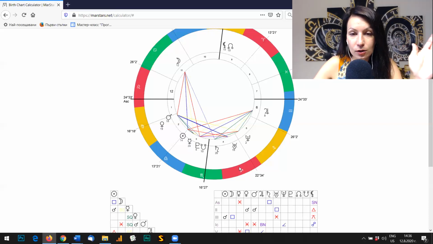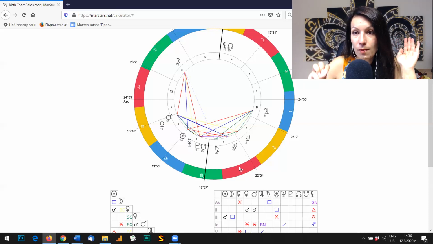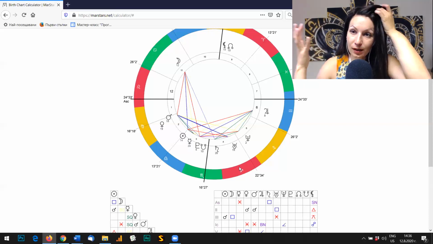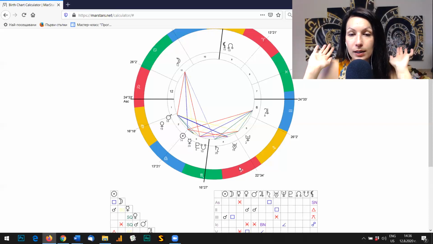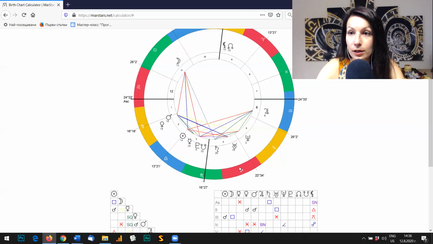So for the outer planets, we don't pay attention to the sign. The sign won't make the outer planet strong or weak for this person. There are other indications that we use for outer planets. So we don't pay attention to the sign, but we have to pay attention that Uranus is in fourth house.